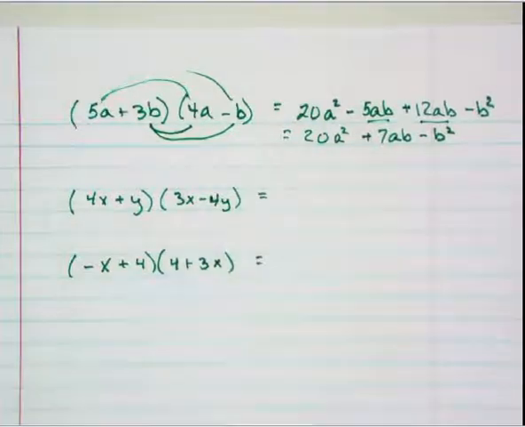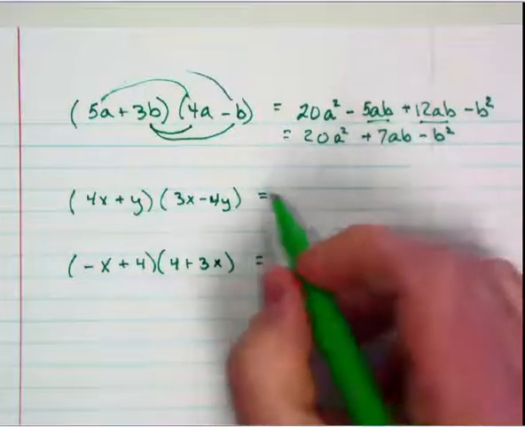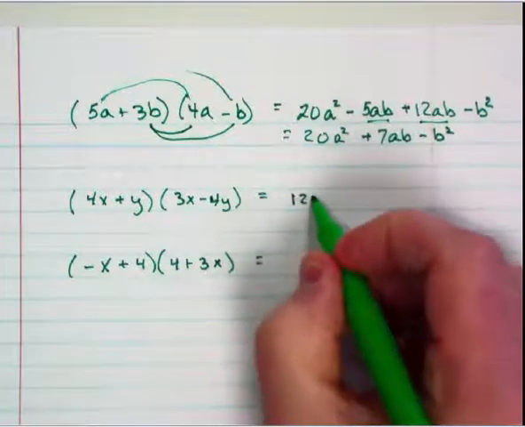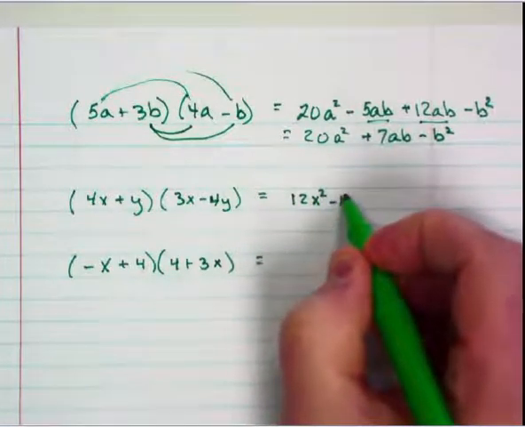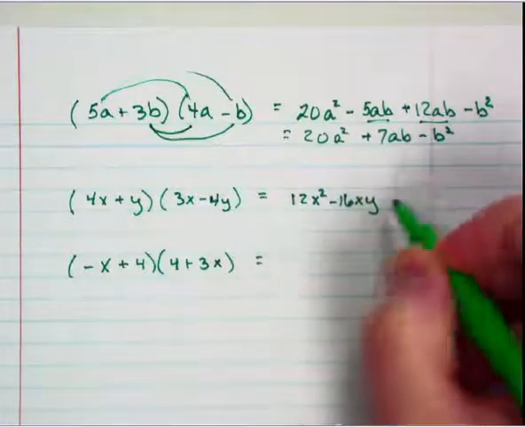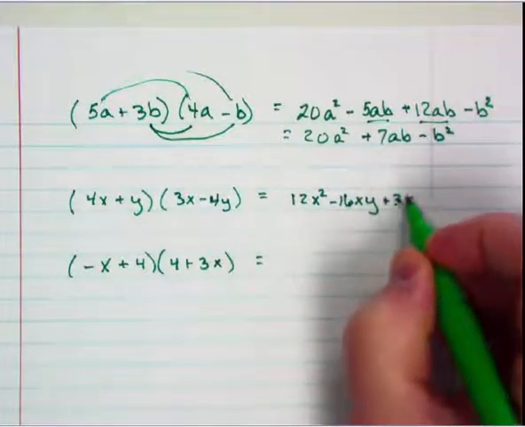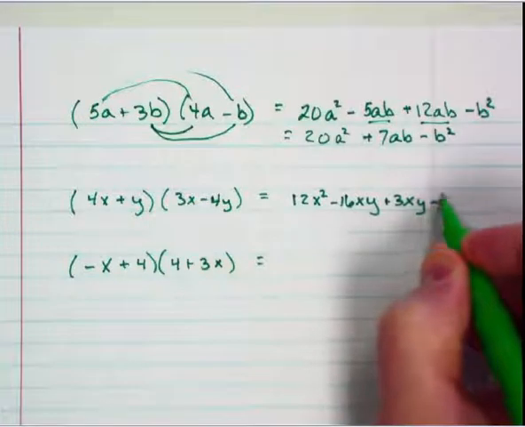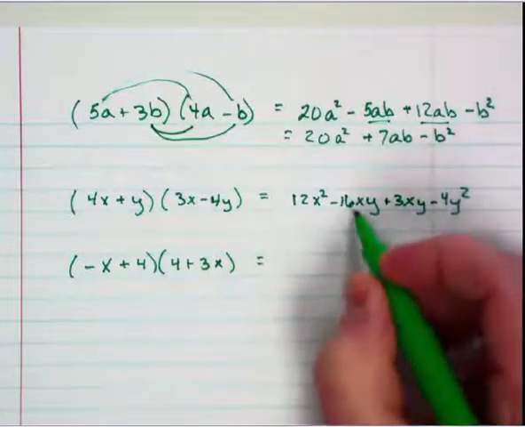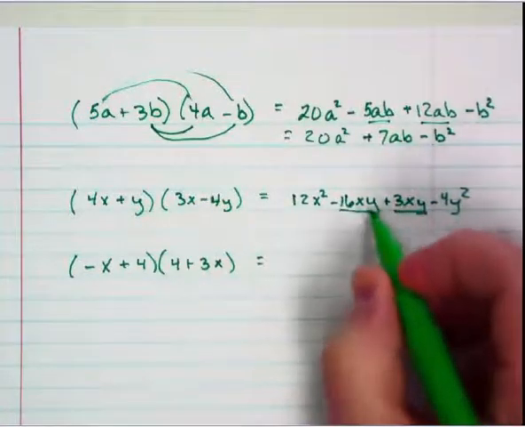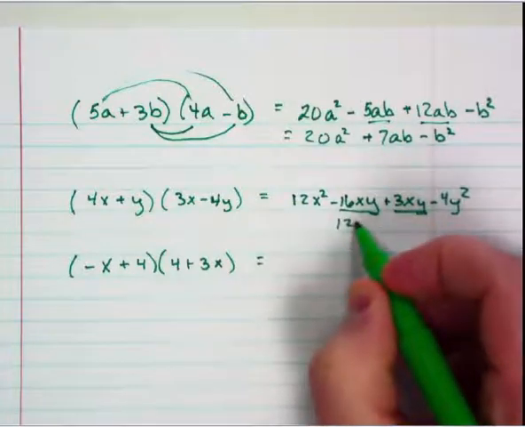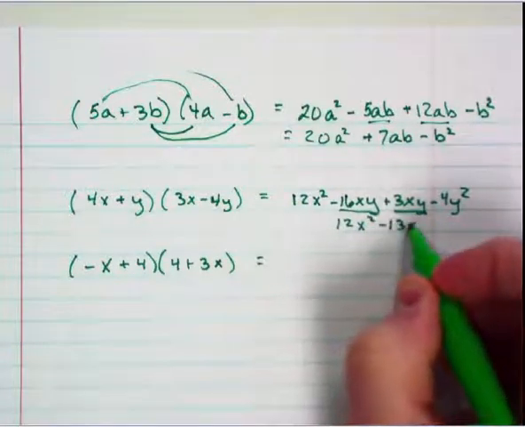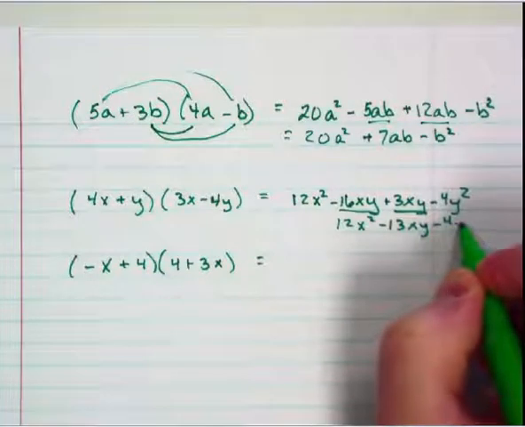Try those two, pause the video, come back and see the answers. This one should be 12x squared minus 16xy plus 3xy minus 4y squared. These are like terms because they're both xy's, so it's 12x squared minus 13xy minus 4y squared.